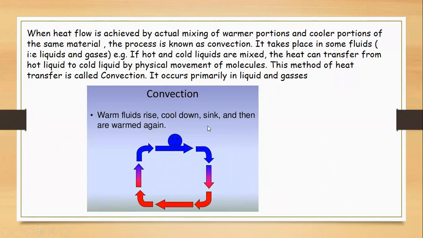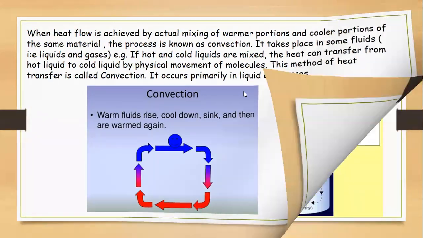So the less dense portion rises up and the cooler portion sinks down, and that's how the hot and the cold liquid are mixed. That's how the heat can transfer from hot liquid to the cold liquid by physical movement of the molecules, and this method of heat transfer is called convection, and it occurs primarily in liquids and gases.